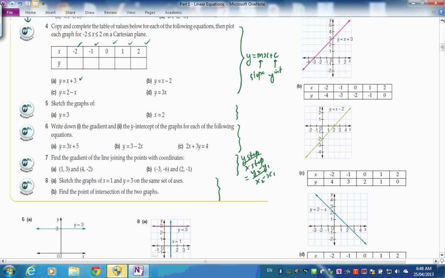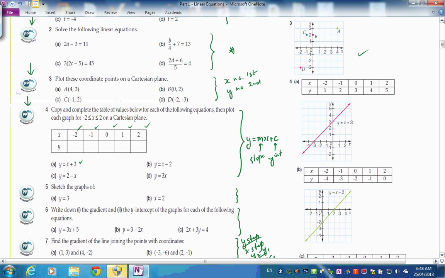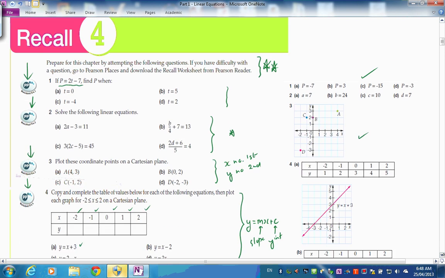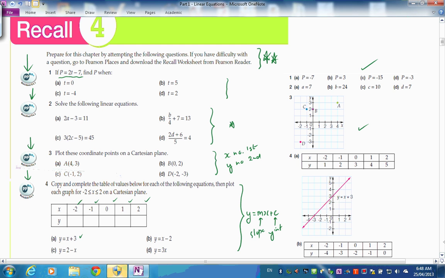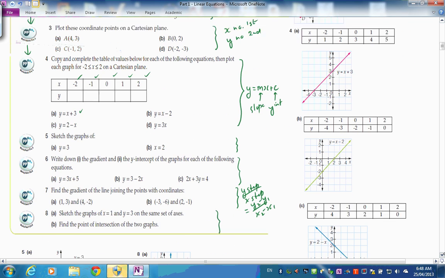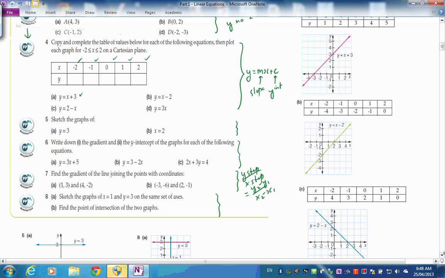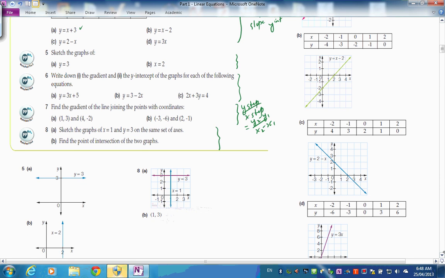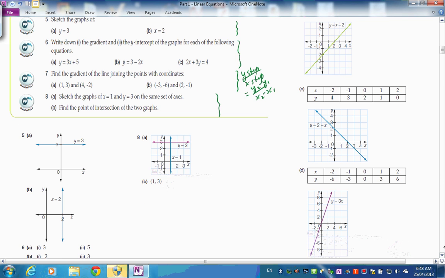Alright, let's come up the top now, and you can pause the presentation too far and see if you can do some of those. So there's question 1 to 4 there, and as we go down there's the answers to question 4. We just go a little bit further down to D, and you can pause them and just check whether you've got the correct points.